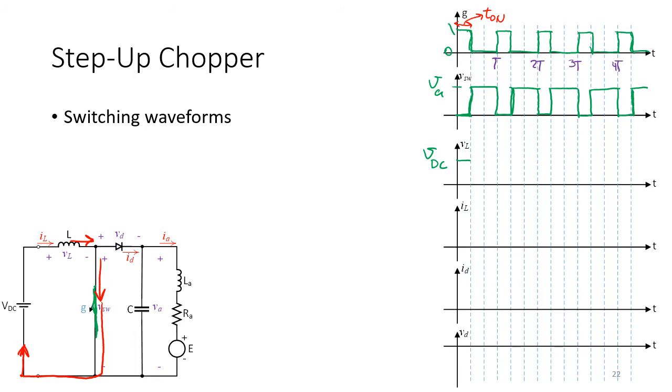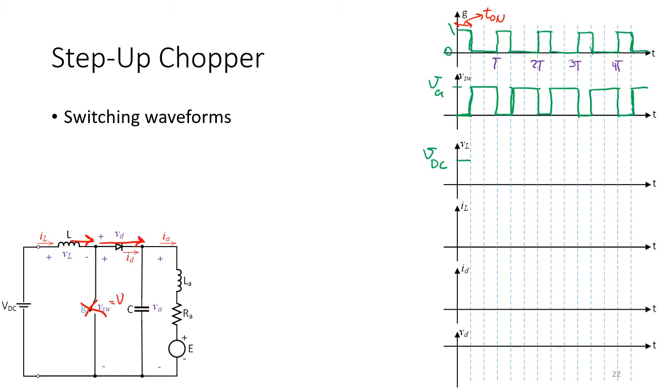But when the switch is off, then as we said, the current should go through here. So now the voltage of the switch will be VA because now the diode is conducting and the voltage across it is zero.